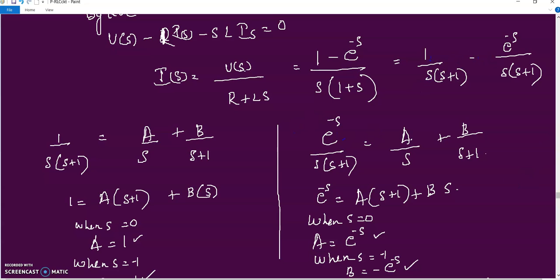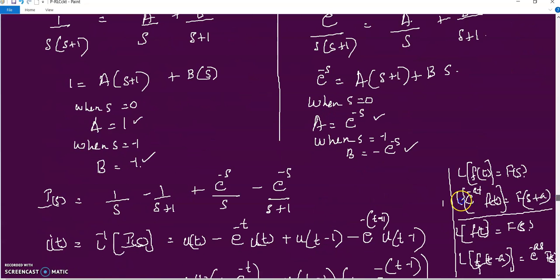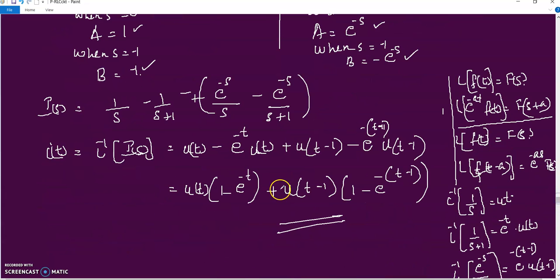I didn't put this minus, that is, we have to put a minus over here. So it will become minus. Okay. This is the answer to the question.